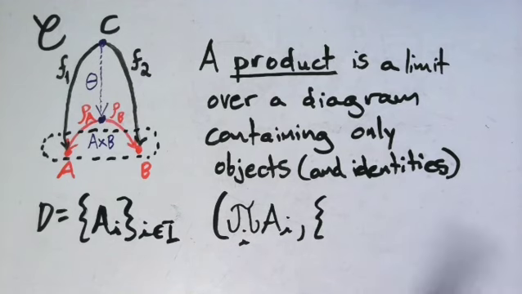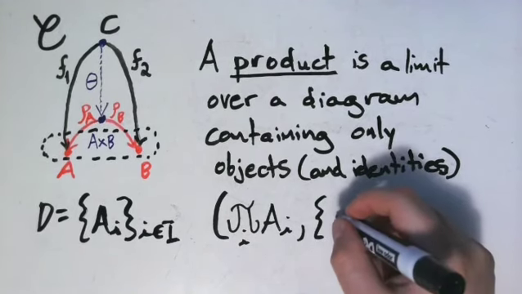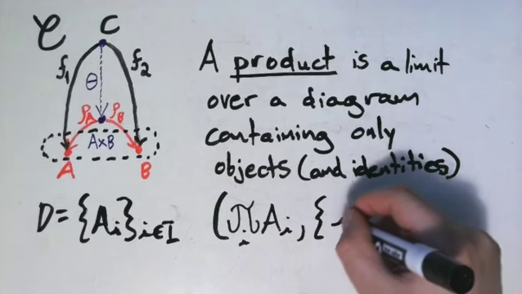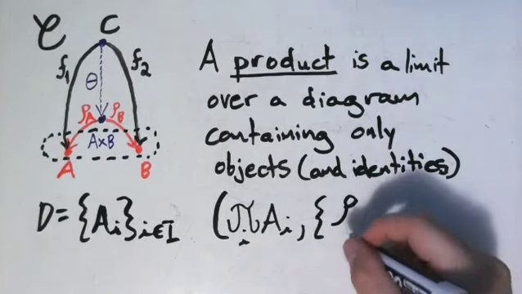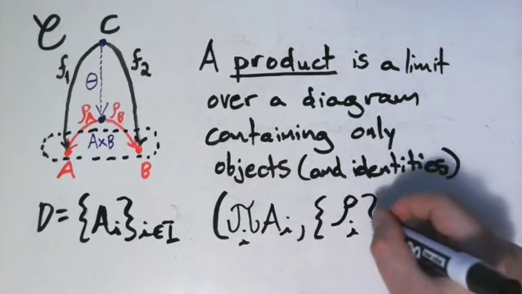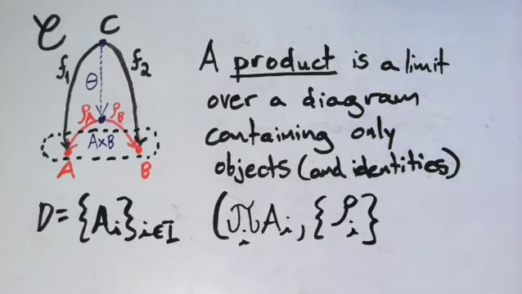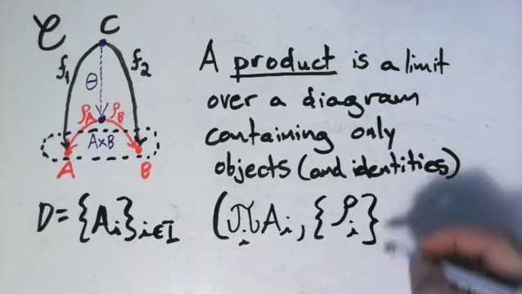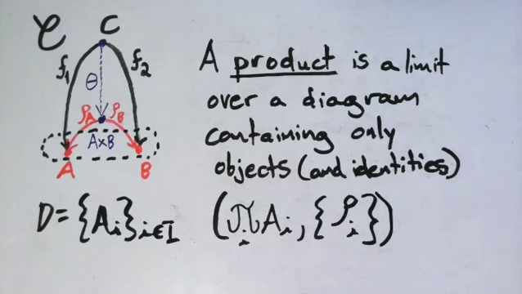So this will need to have a bunch of projections, and maybe we call them p_i, one going to each object, A_i. And then this is our product for even infinite or very large numbers of objects.